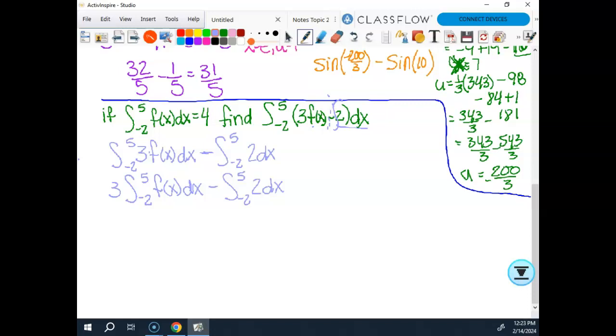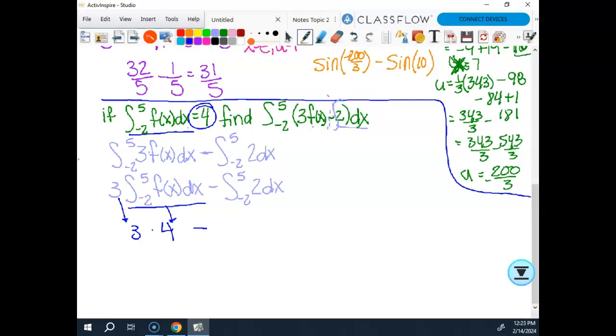All right, so now I don't have to do anything totally crazy, right? Because I know what this is. They gave me that right here, right? This part is equal to 4. So I have this 3 times this right here, they tell me is 4, right? Minus, when I want to integrate a definite integral, now, I know if I integrate 2, I get 2x, right?